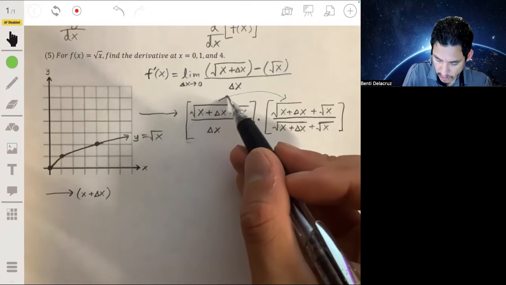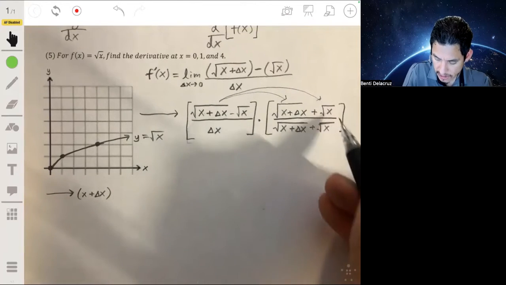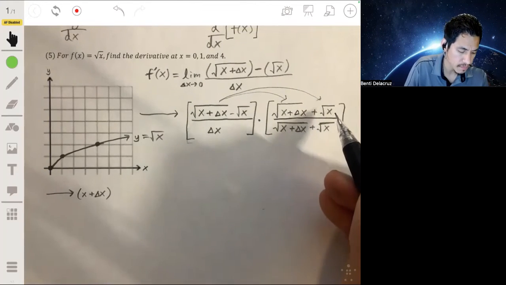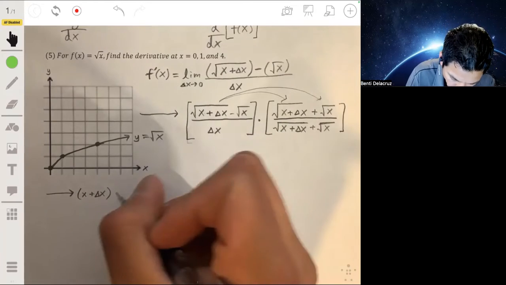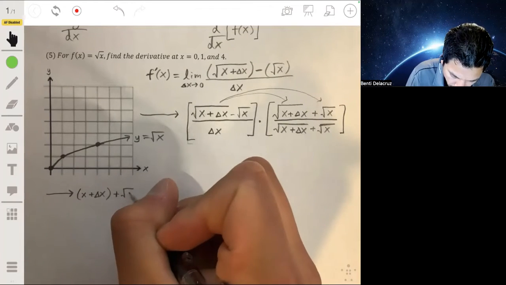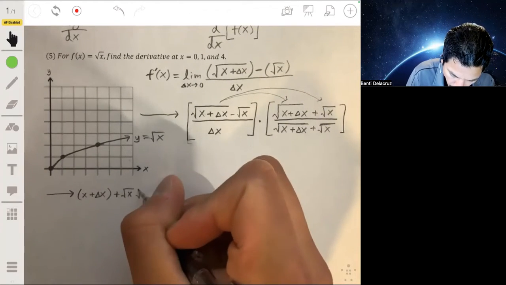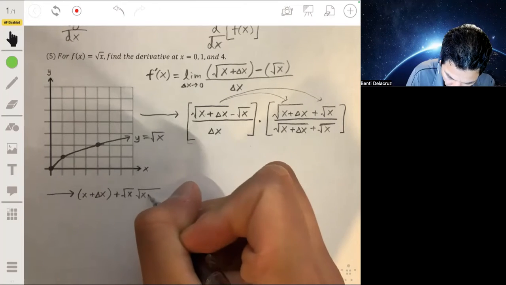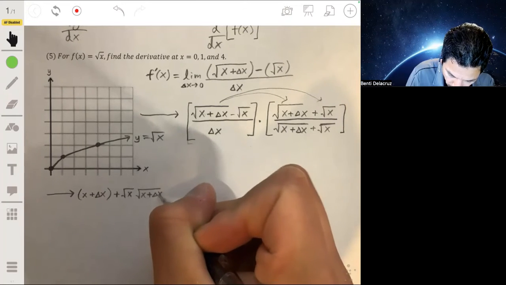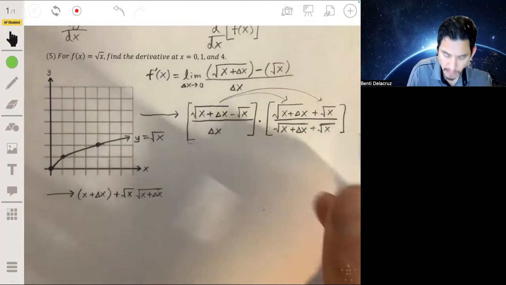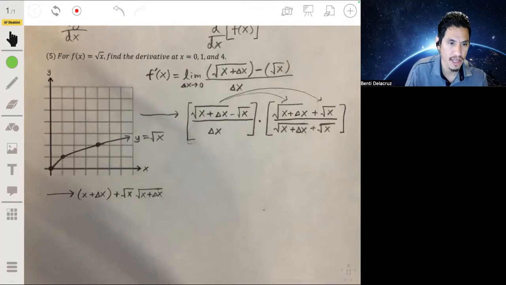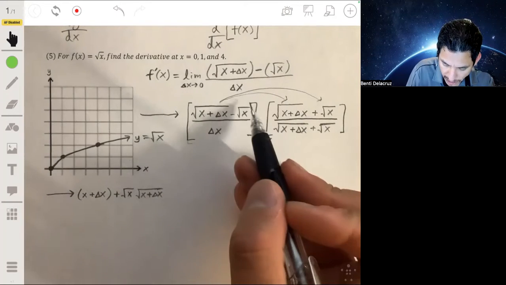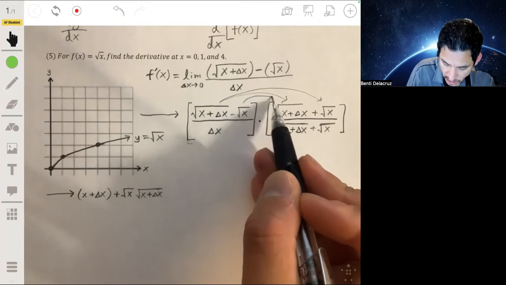Then we have the square root of x plus delta x times the square root of x, and we just leave it as that, without any fancy algebra, because it's going to cancel out with its conjugate.